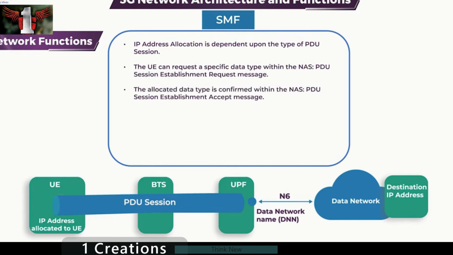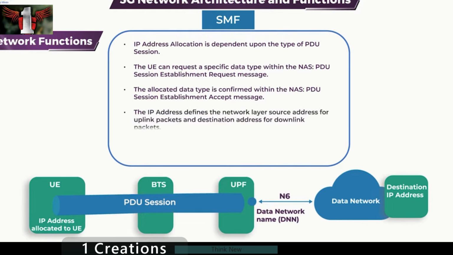The allocated data type is confirmed within the NAS PDU session establishment accept message. IP address allocation is applicable to PDU sessions which transfer IPv4 or IPv6 packets. The IP address defines the network layer source address for uplink packets and destination address for downlink packets.